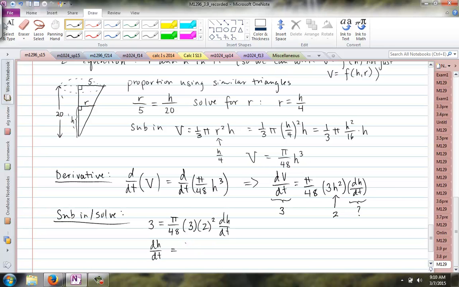We're going to have 48 on top, and then we're going to have pi and 4. Divide that in there, and we get 12 over pi, exactly. So that's great. You can leave the answer that way. But remember, for these word problems, if you'd prefer just to write the decimal answer, that's fine.